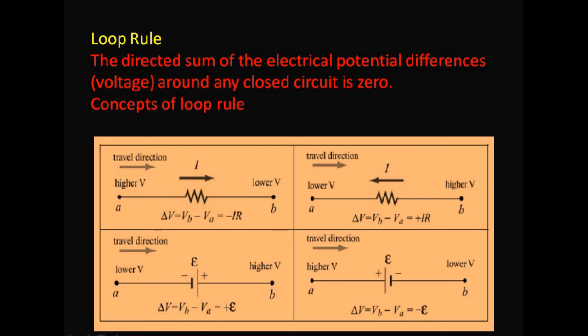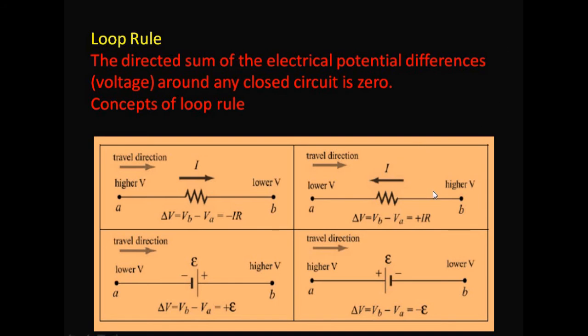You can see that it is done in the direction of the current. If you measure the potential difference across a resistor in the direction of the current, then it should be taken as negative.